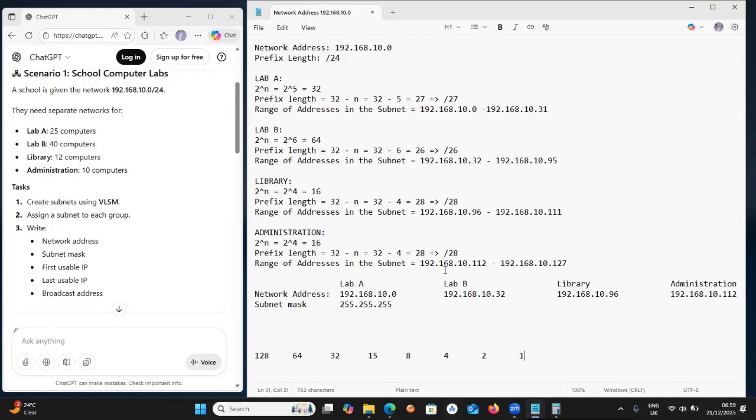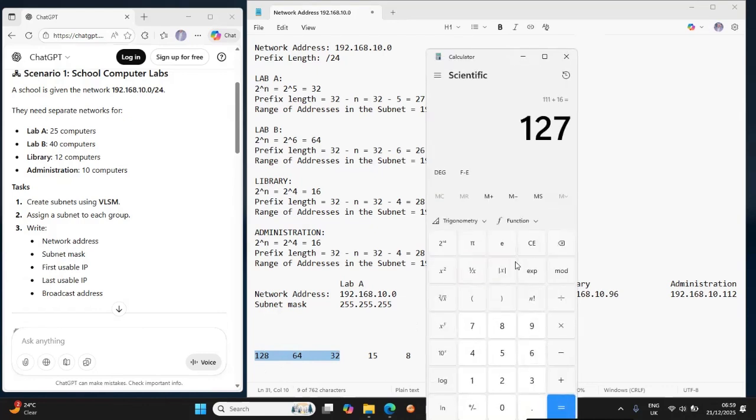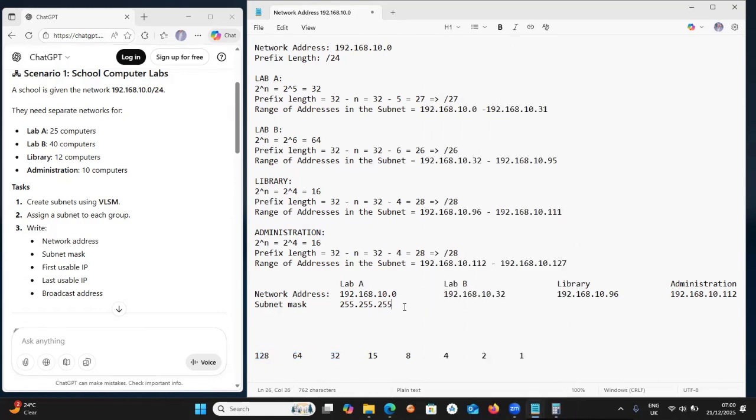This is the 8 bits. So we already take the 24 bits, remaining 3 bits. So the 3 bits is going to start from this side. So we add these 3 together, and that is 128 plus 64 plus 32, 224, and that is .224. That's the subnet mask for lab A.